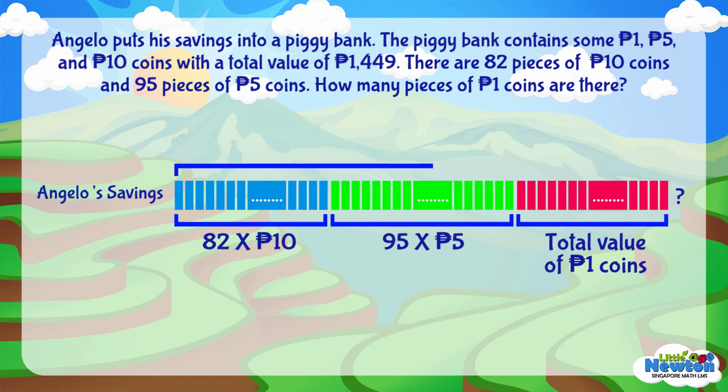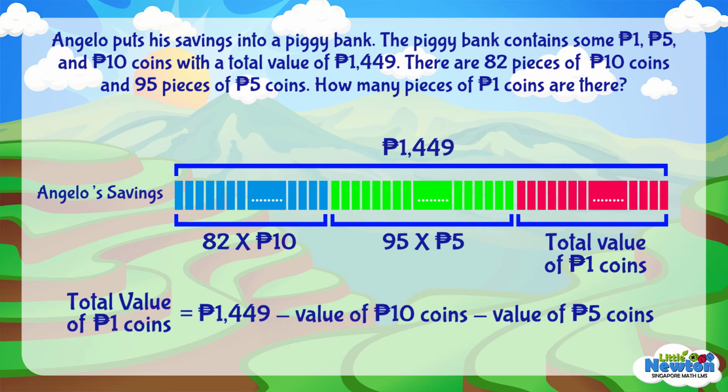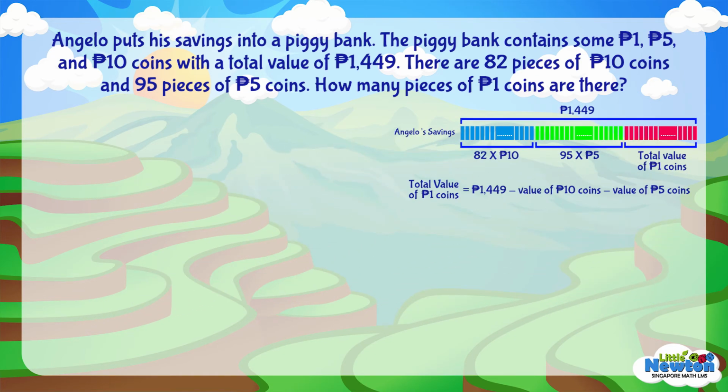Let's label the sum of the 3 rectangles as 1,449 pesos using a bracket. Can you see that the value of 1 peso coins is equal to 1,449 pesos minus the value of 10 peso coins minus the value of 5 peso coins? Do you get it? Great! Let's move on to the next part.